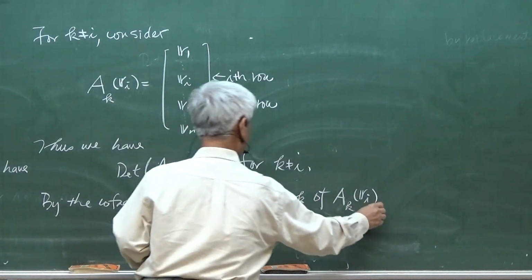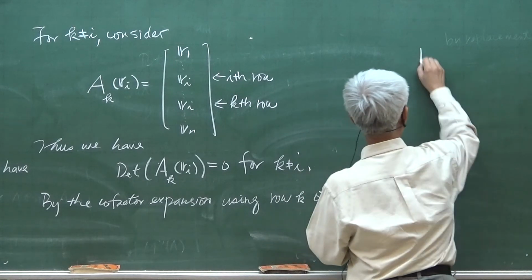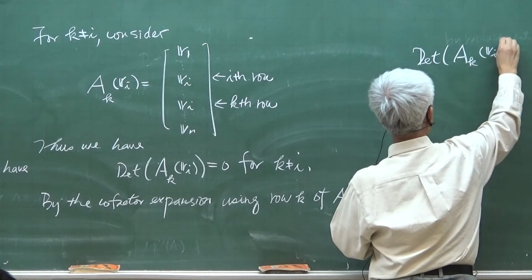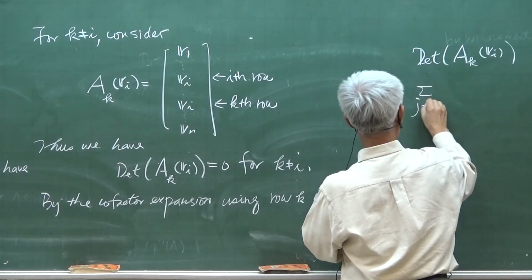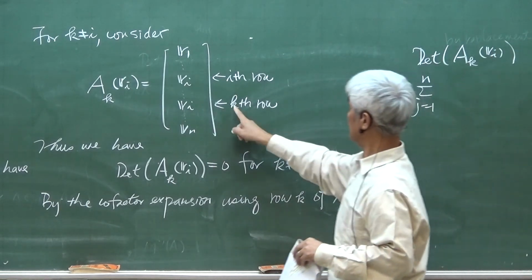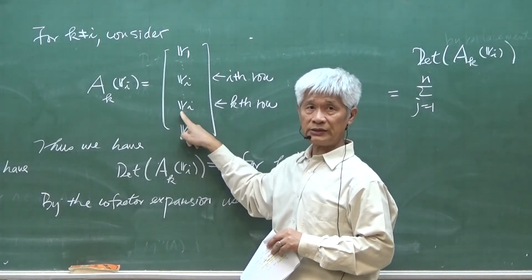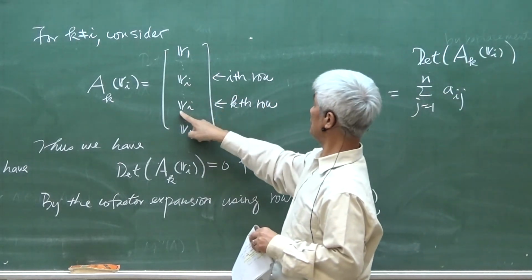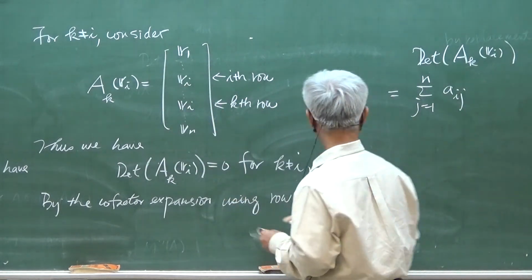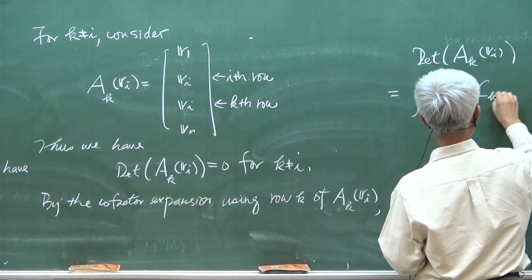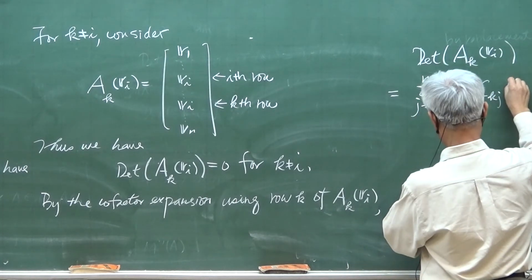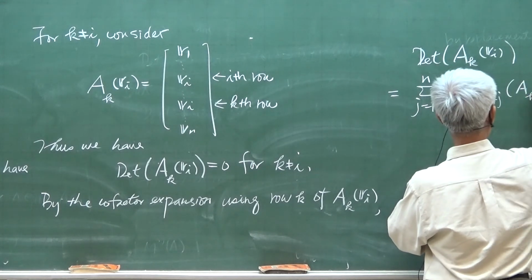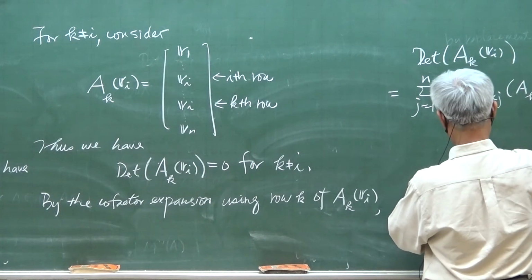So we have the determinant of A_K,i equal to, what is the Kth row? The Kth row actually is a_ij, because the Kth row is just isolated. And we have C_kj of A_K,i.